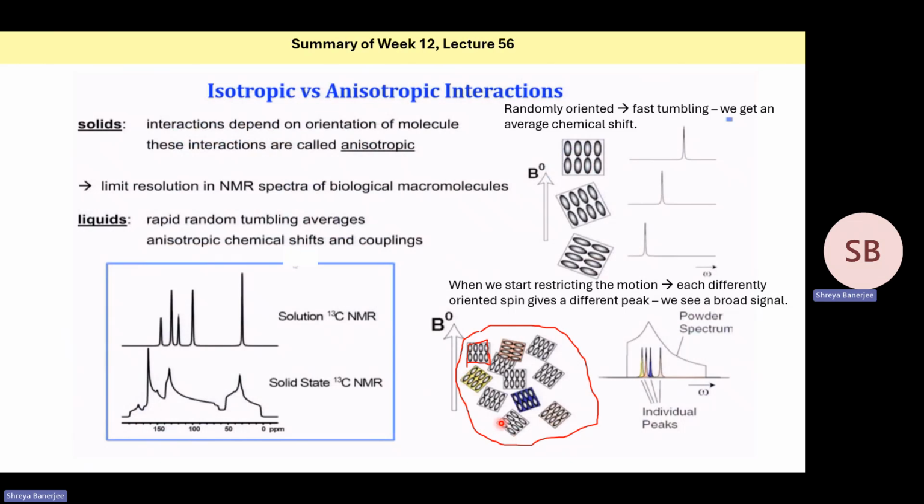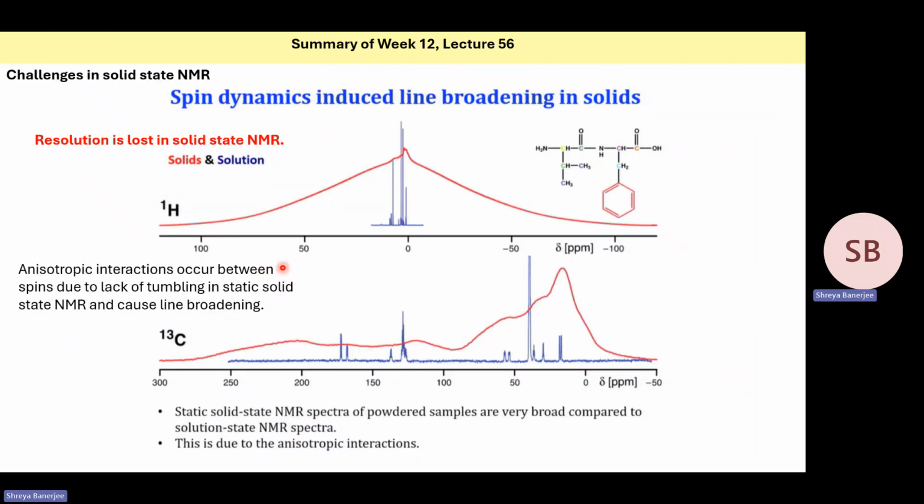Similarly, wherever you have a different orientation of the spin, they will give a different chemical shift, because it is a solid and the spins are not allowed to freely move and average the different orientations out. So each different orientation of the spin will give a different peak. And overall, you will see a broad envelope kind of spectra, which is what we saw in the previous slide.